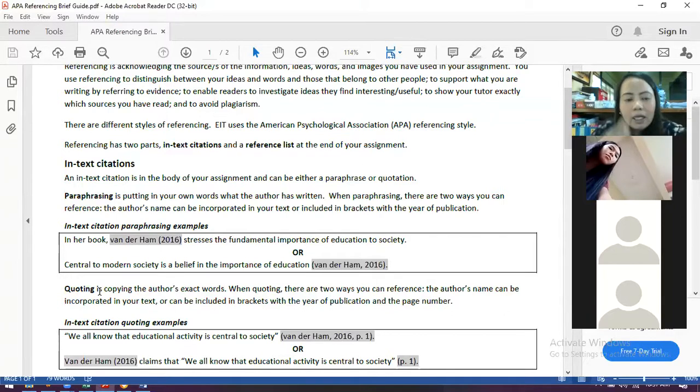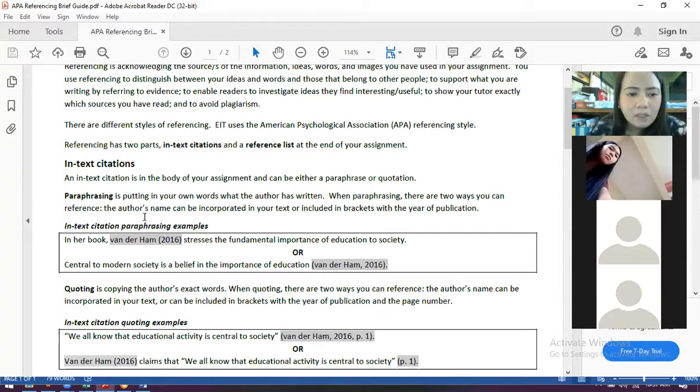So, ako, nilagyan ko siya ng name: beginning citation, pati ending citation. Kapag beginning citation, ang year lang ang nasa loob ng parenthesis. Yung ending citation, doon natin sinasama yung name sa loob, at saka yung year sa loob ng parenthesis.